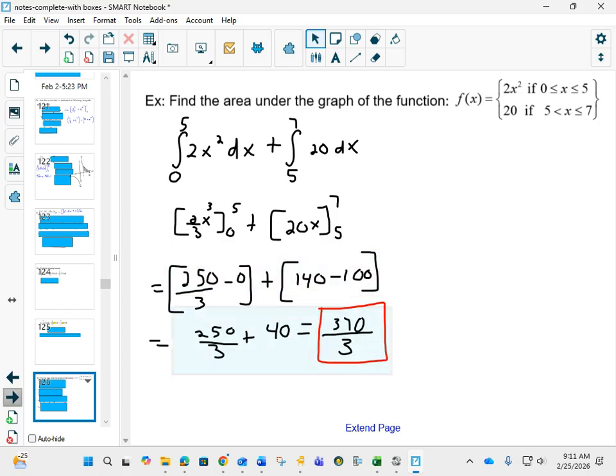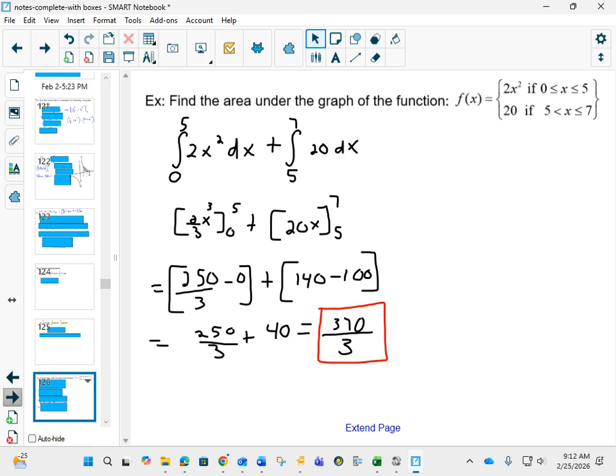Plug things in and solve. So if you have a piecewise function, you have to do the integral under one piece separately from the integral under the other piece. This now allows us to do integrals of absolute value functions.